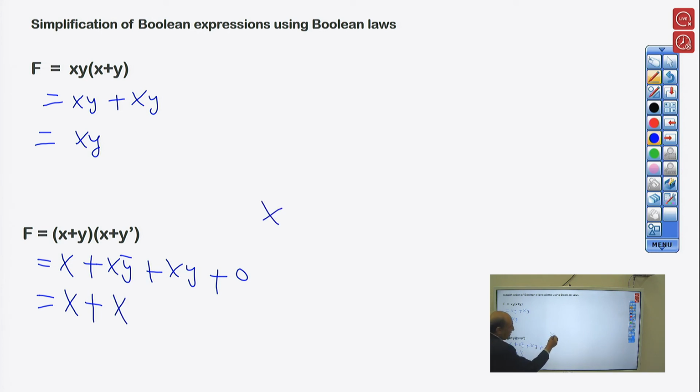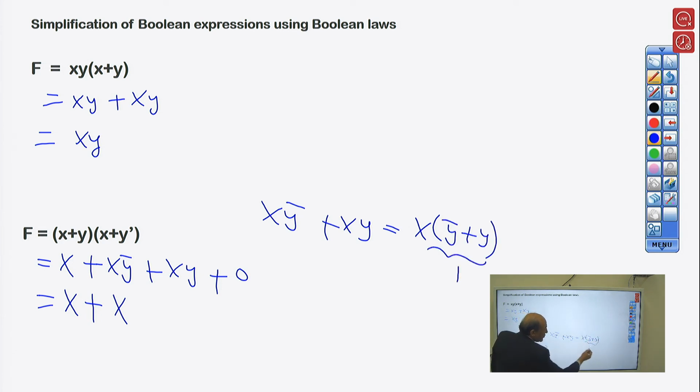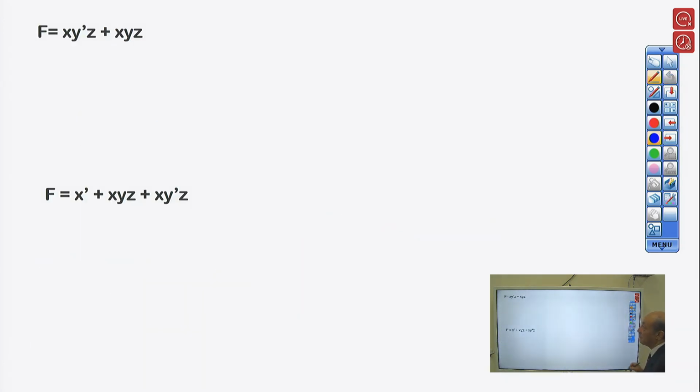Since x not y or xy equals x (not y or y), and this is 1, so this is x. x or x again equals x. Here you see directly that xz (not y or y) again equals xz.